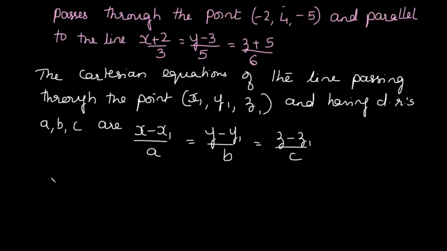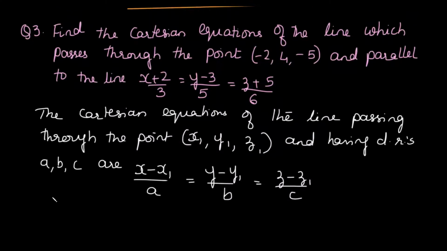Now, in this case, the point on the line. So here A, that is -2, 4, -5 is a point on the required line.